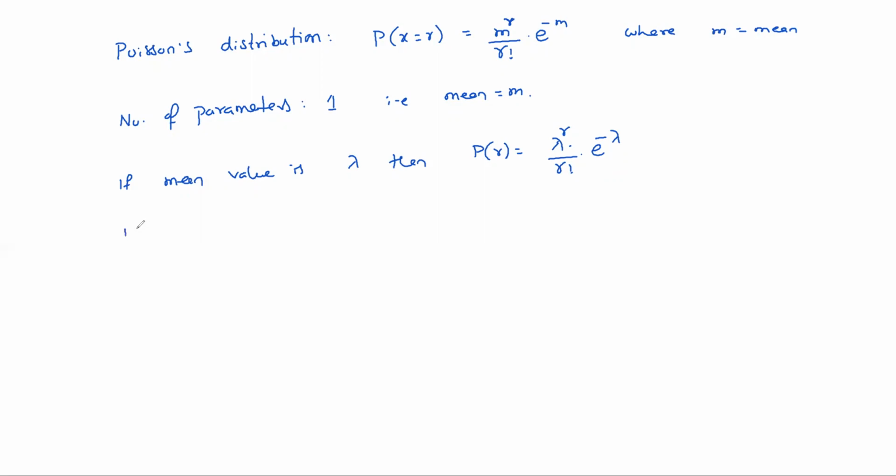If the mean value is lambda into t, then P of r equal to lambda t to the power of r by r factorial into e power minus lambda t. So based on the mean value, your formula changes. So if mean is m, it is m to the power of r by r factorial into e power minus m. You can work out according to this.